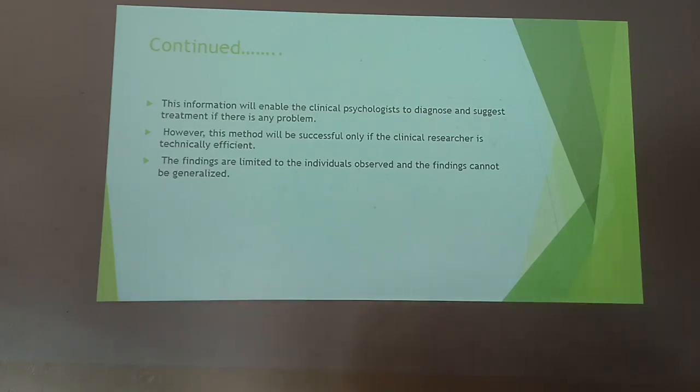That information will help the clinical scientists to diagnose and suggest treatment if there is any problem. Diagnosis takes place, and then after finding a problem, they recommend that someone receive one particular kind of treatment.